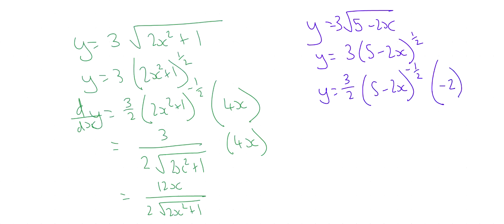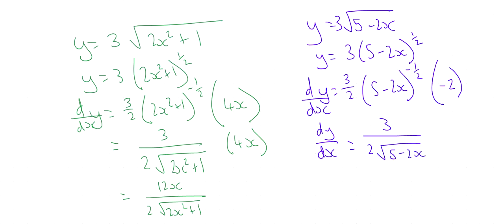So dy dx is 3 over 2, and I'm going to bring this and put it on the top here. So what I have is actually -6 over 2 root 5 minus 2x.